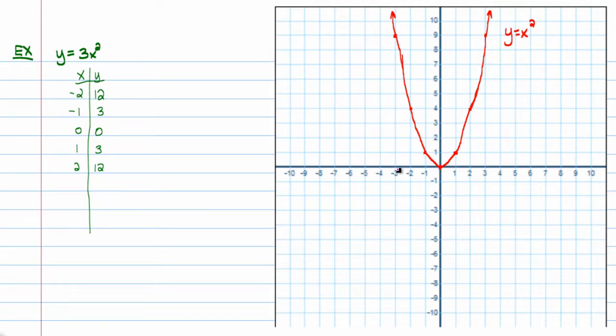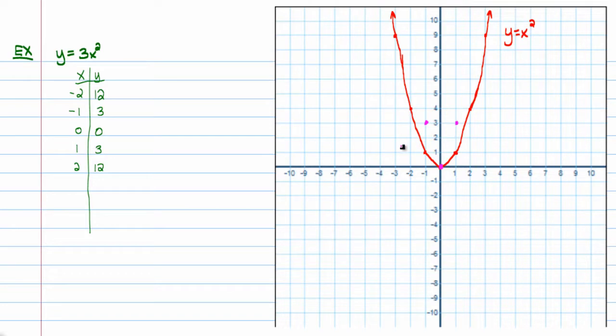One thing these two tables have in common, or these two graphs will have in common, is that they both have the point 0, 0. But beyond there, there's a slight difference. For example, in y equals 3x squared, when you plug in a negative 1, the output is a positive 3. And when you plug in a positive 1, the output is also a positive 3.